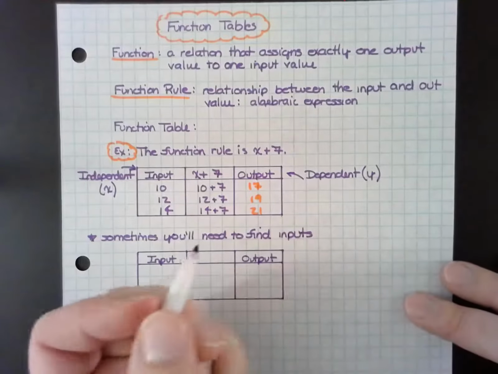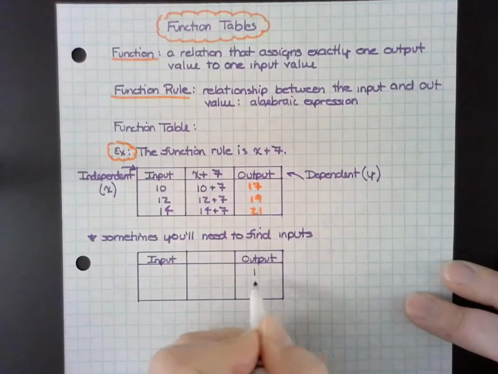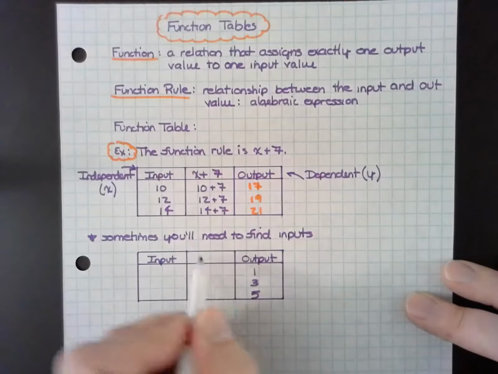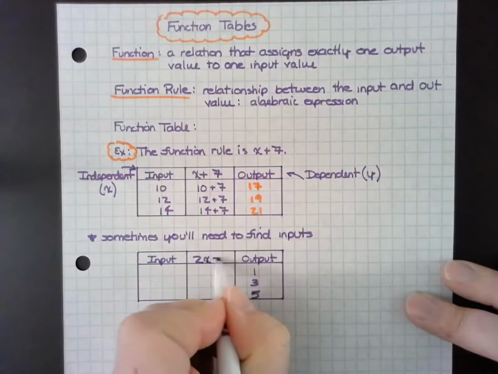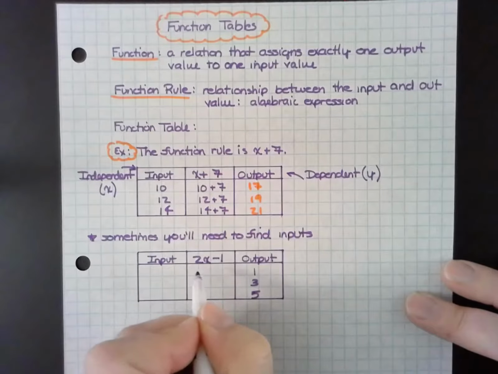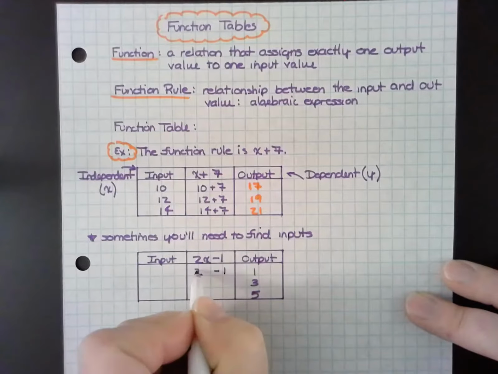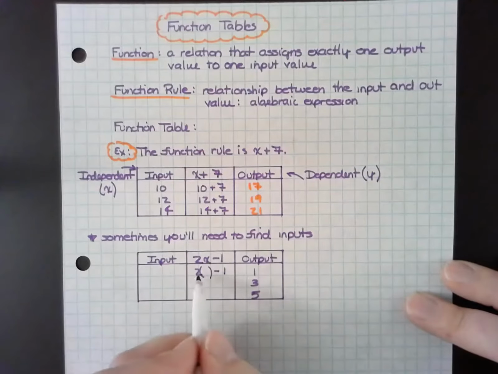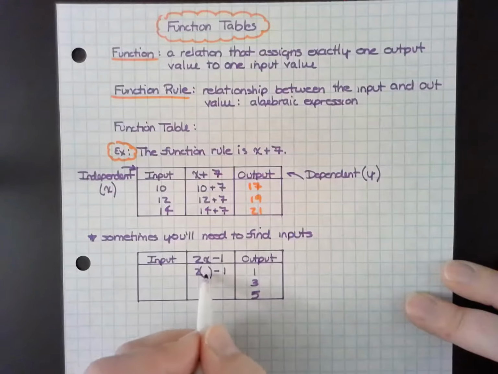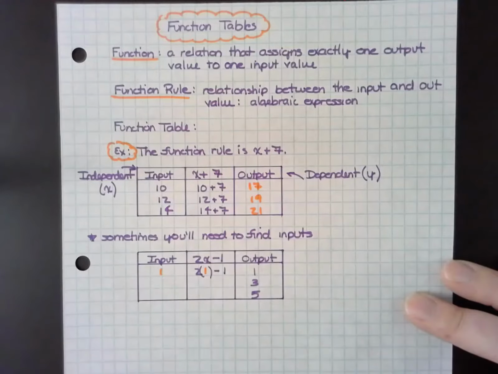So for example, if I was given that the outputs or the answers are 1, 3, and 5, and that the function rule is 2x minus 1, then my question to myself is 2 times what input minus 1 will give me 1? Well, 2 times 1 is 2 minus 1 will give me 1. So that means this x value is going to be 1. So the input here is 1.